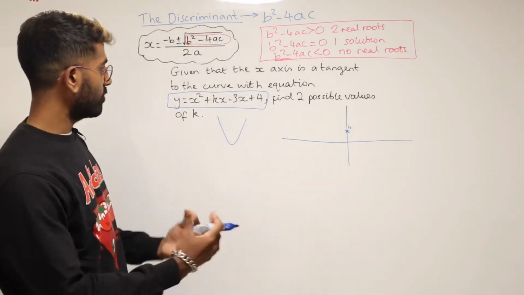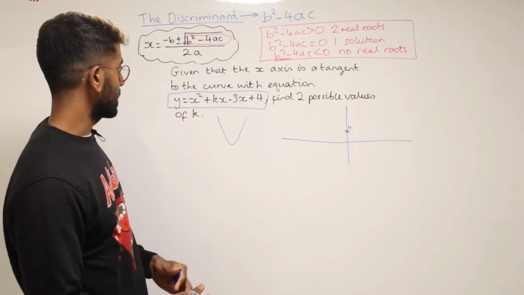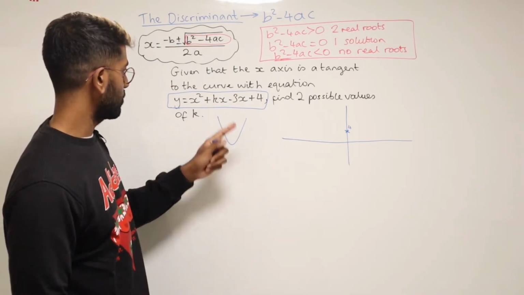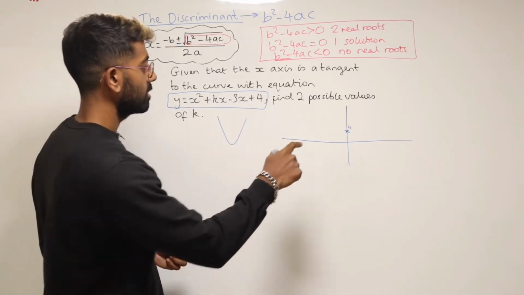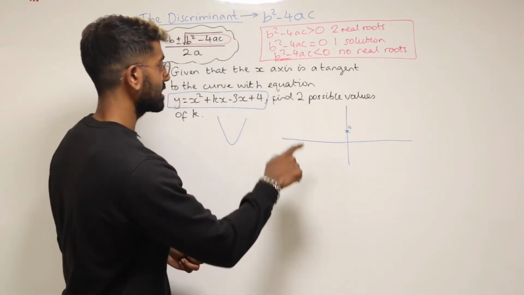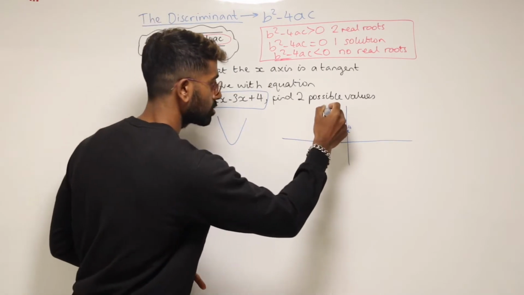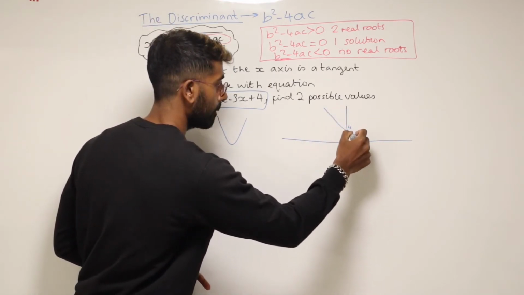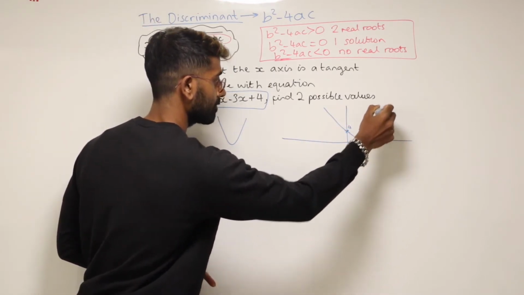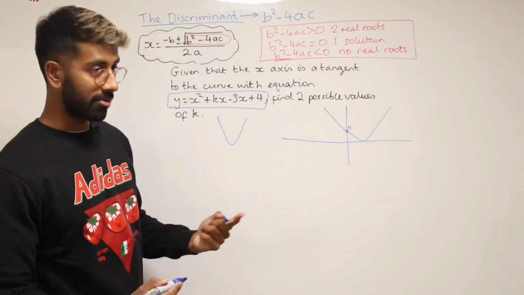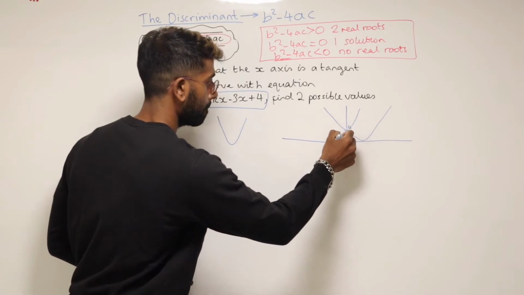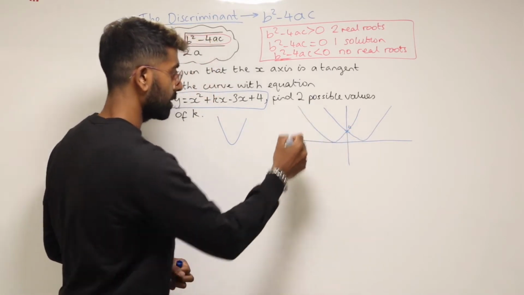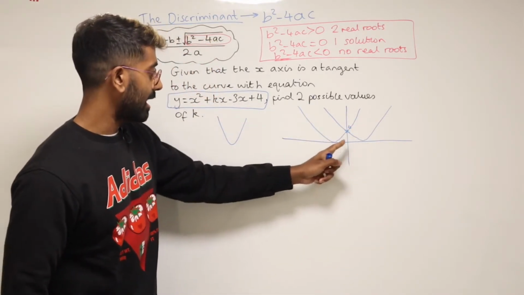And so what we've got to figure out is what this value of k needs to be so that when we draw this curve in, it just touches the x-axis, because it says the x-axis is a tangent. So maybe it could look something like this, where it touches the x-axis there, or it might be like that, where it touches the x-axis here.